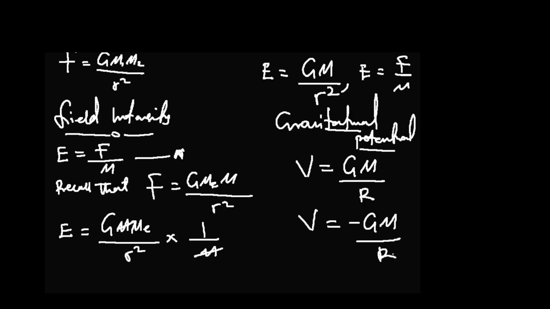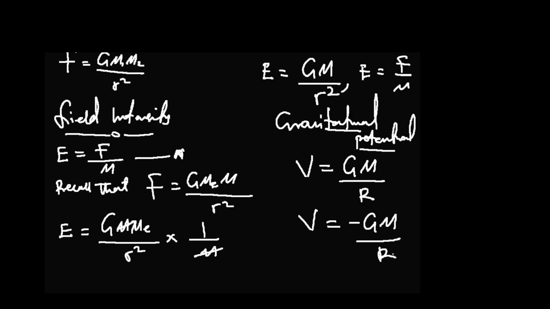the examiner can ask you what is the significance of that negative sign. Are we together? If they ask you what is the significance of this negative sign, the negative sign is telling you that the work done in taking a unit mass from infinity to a certain point on the earth is less.